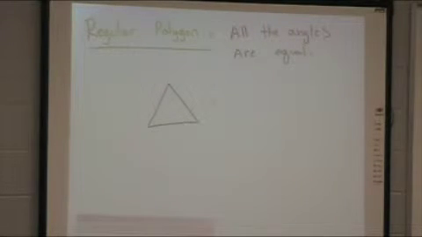What do all the angles of a triangle add up to equal? 180. So if I want to find out what all of them ought to be, how many angles are there? 3. So I divide my 180 by 3, and what do I get each angle is? 60. So for me to have a regular triangle, all 3 angles must be 60, because then they're all equal, aren't they?